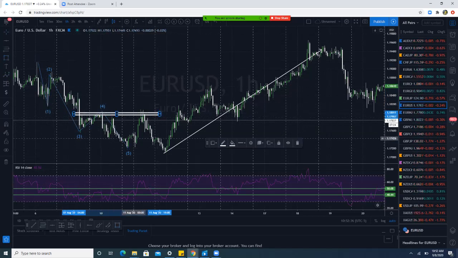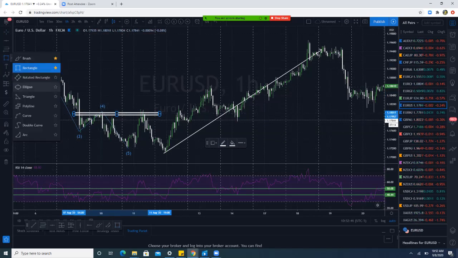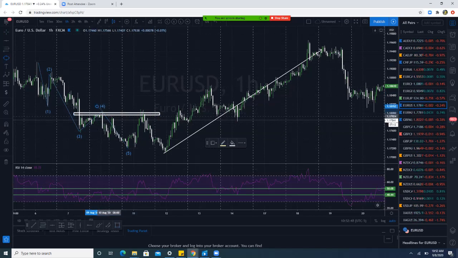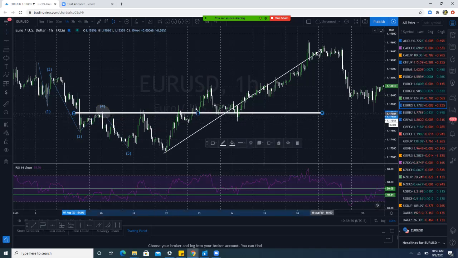So if you're in a downtrend, you're waiting for price to break above the last swing high, which would be this area here, the number 4 point. So that would be the last swing high. If it breaks above there, you're looking at an uptrend according to market structure. So we extend this out.